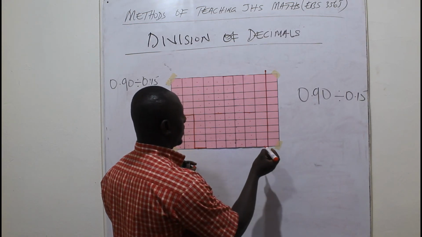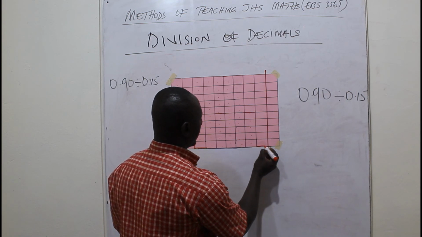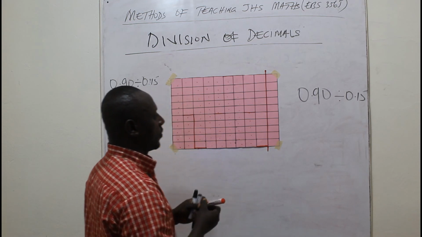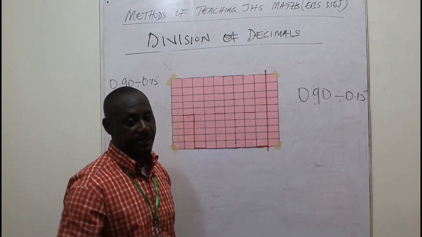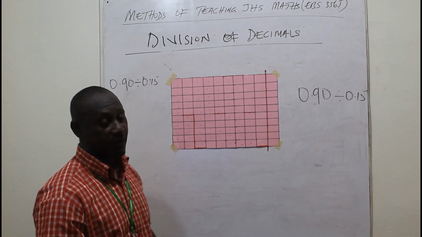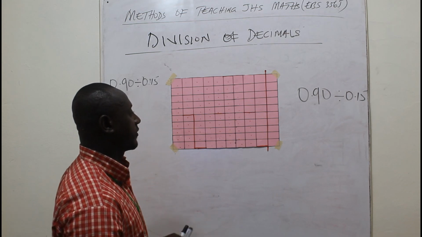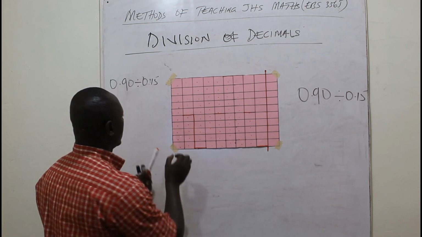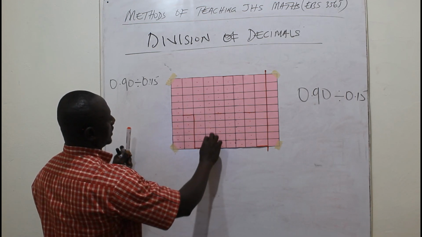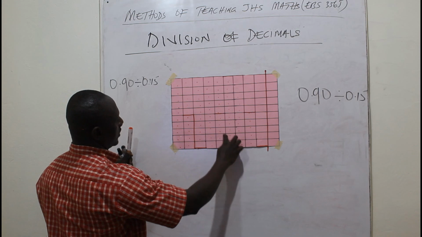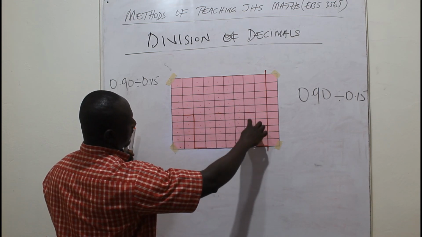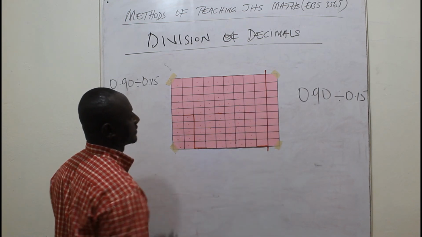And so we are now going to count how many times, or how many of the 0.15s were we able to get from the 0.90. So let's count. We have 1 here, 2, 3, 4, 5, and then of course 6.